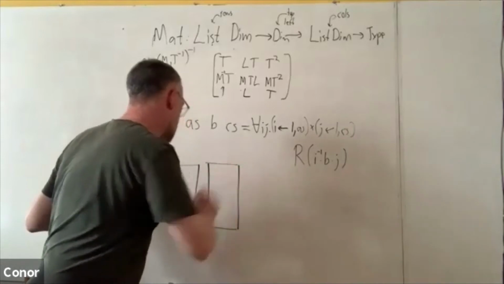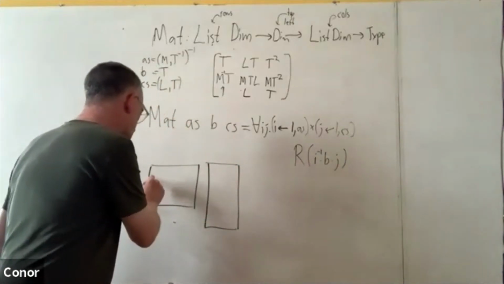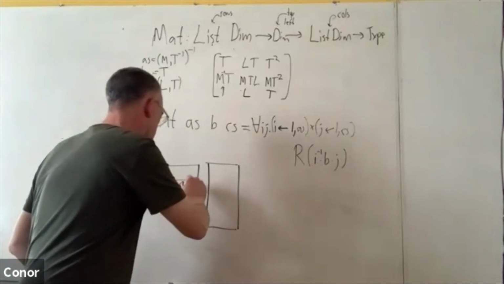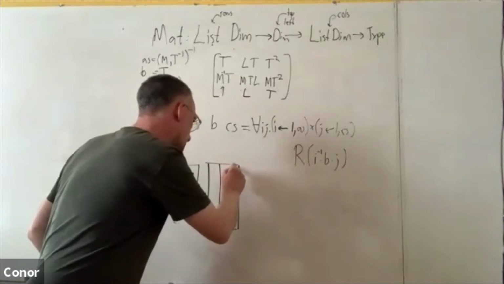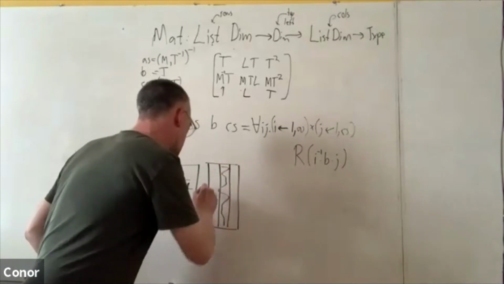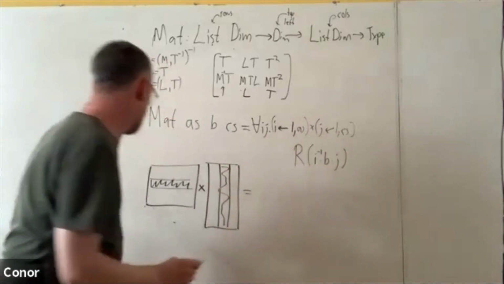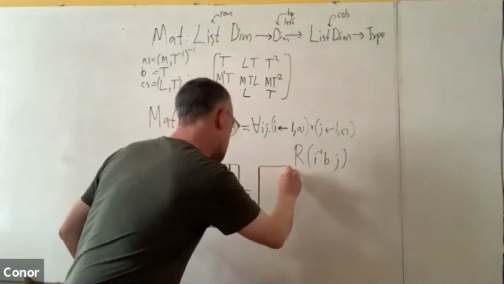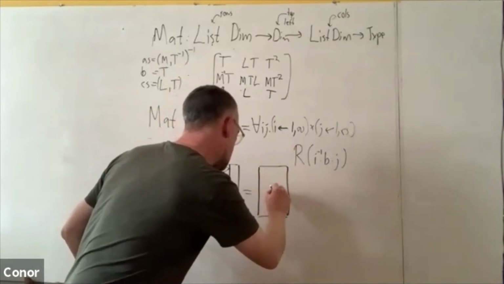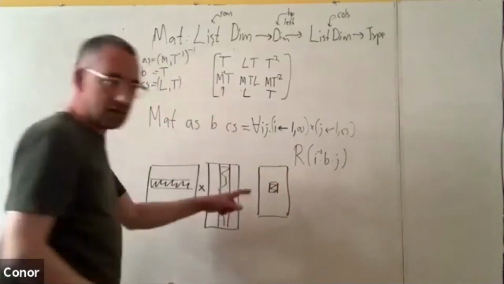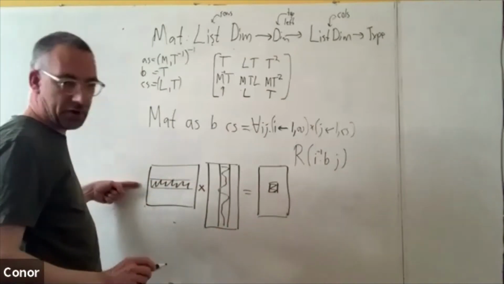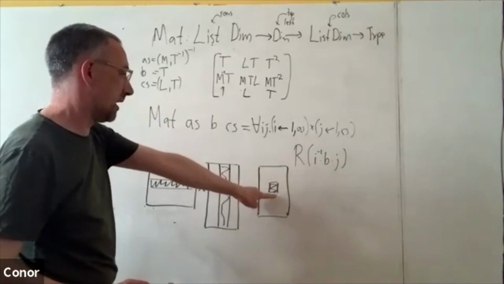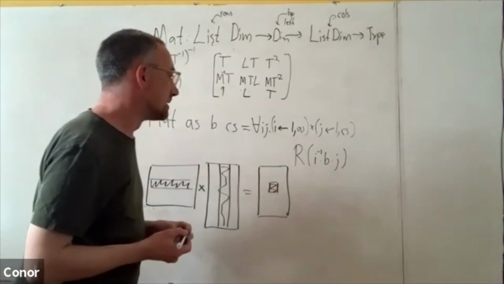This one has that many columns. So we're going to be computing what's this? The thing that goes here is going to be the inner product of a row and a column. So this has to have a suitable dimension.